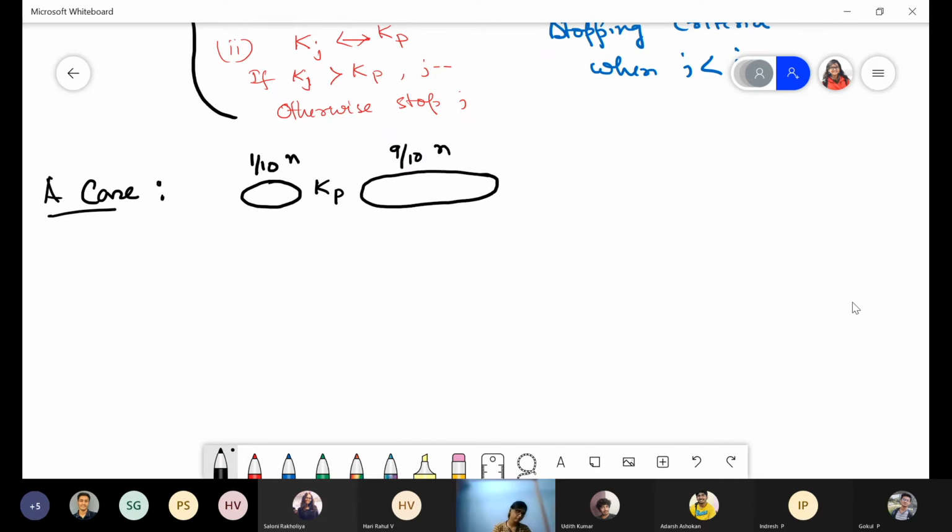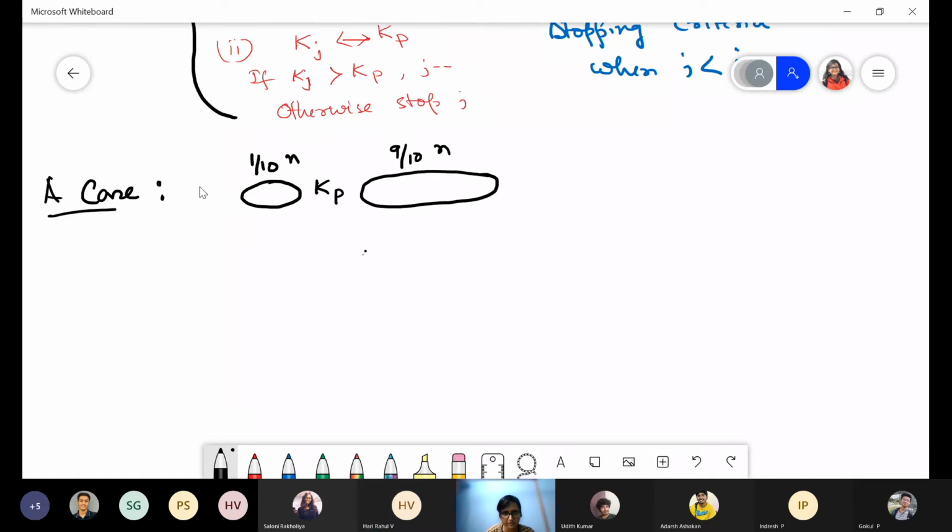Can you tell me? Every time, 1/10 of the elements come to the left side, and 9/10 come to the right side. Is that what you mean? Okay, if we draw the tree, how will it look?